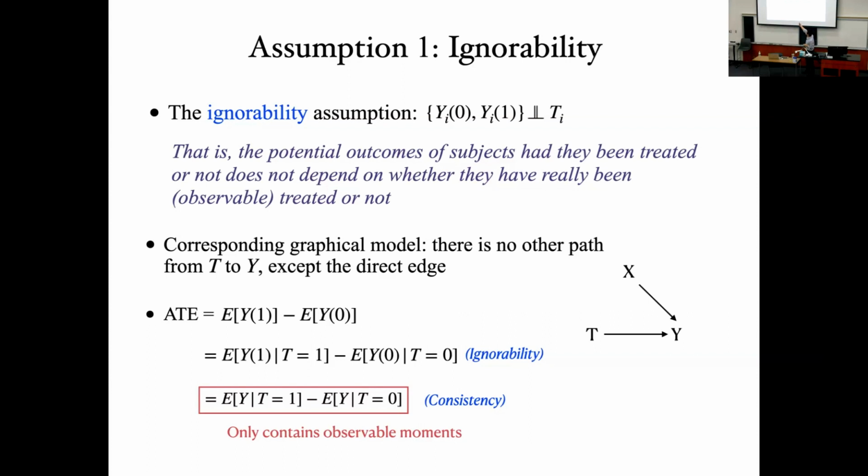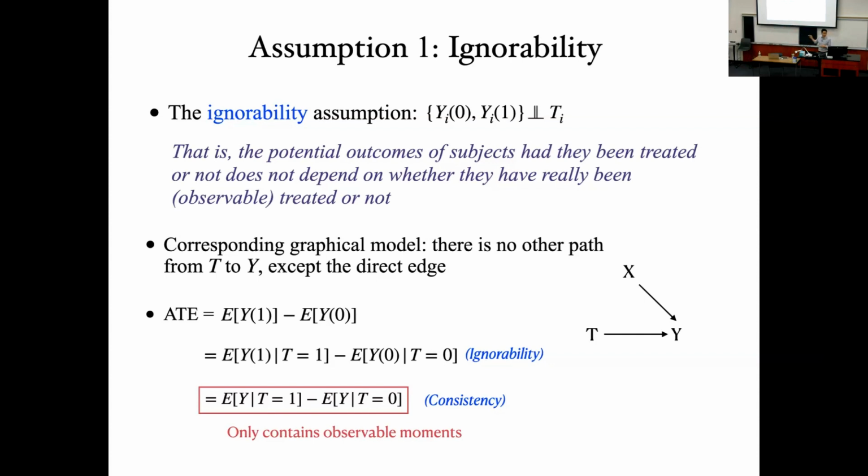And then this is nothing but the expected outcome given T0, right? Now you have two groups. In one group, T0, say the control group. In the other group, T1, say the treatment group. Then you can just calculate the expectation and take the difference. So if ignorability holds true, you can just find the average causal effect this way.